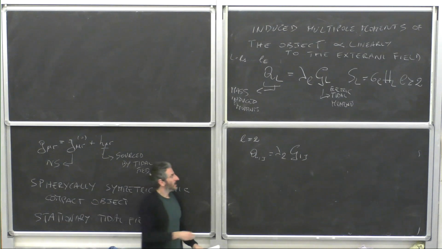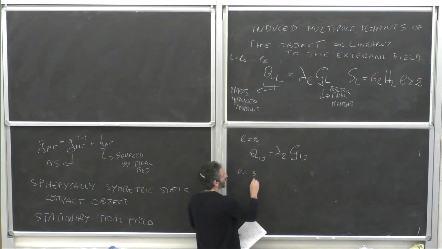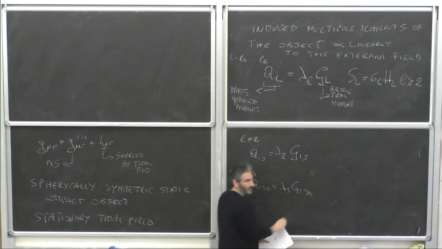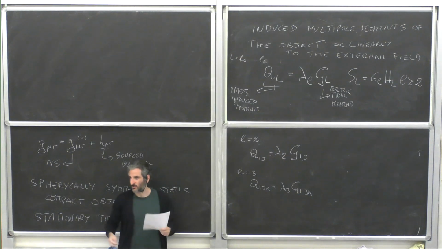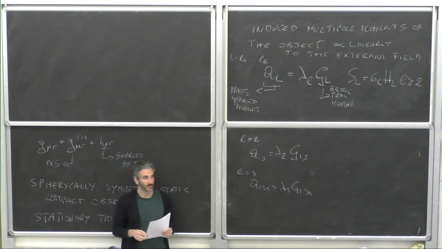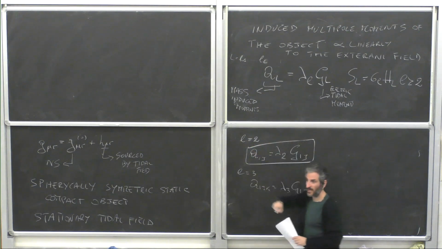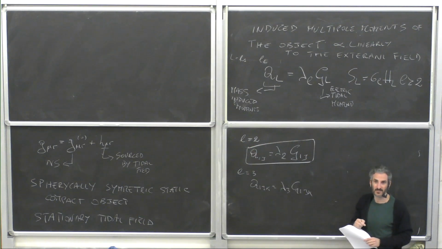If you have L equals 3, you'll have Q_ijk equal to lambda 3 G_ijk, and then you can compute all the other things. This is the octupole, and so on. This is the thing that we have seen on the blackboard and on the slides in the first lecture.